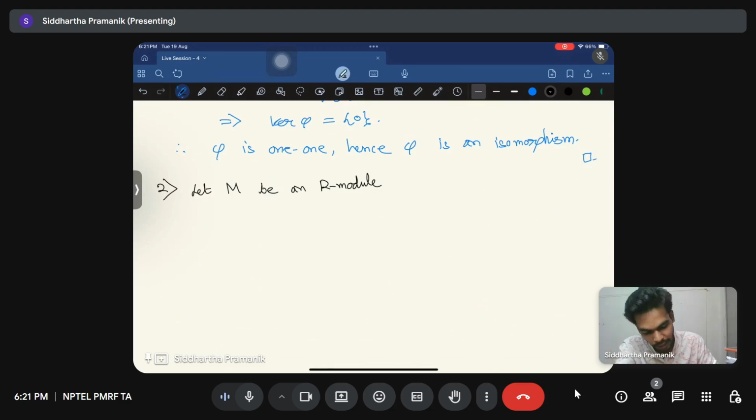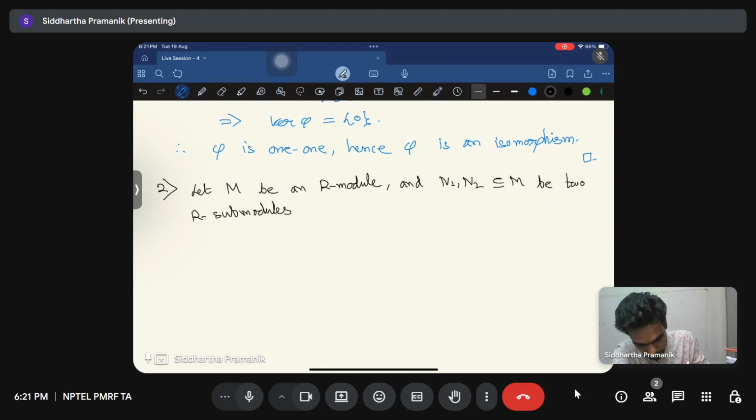So let M be an R module, and let N1 and N2 subset of M be two submodules. So I have taken an R module and taken two submodules of that module.